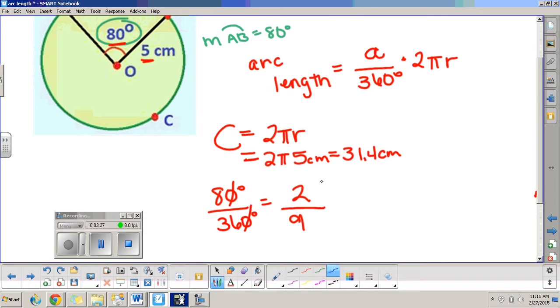So 2/9 times our circumference, which is 31.4 centimeters.